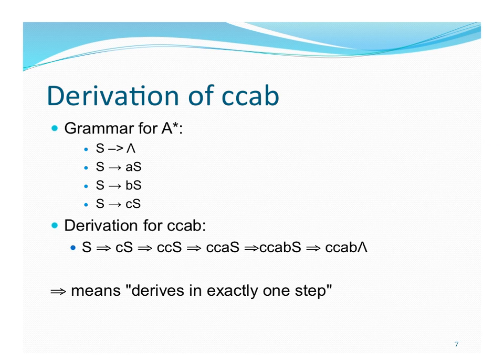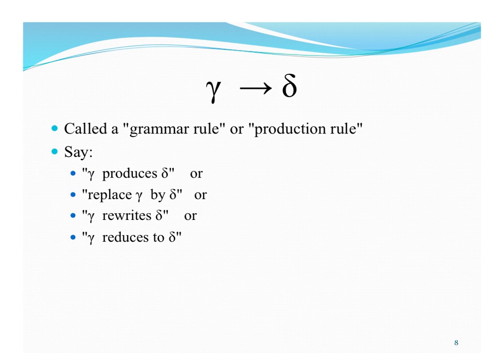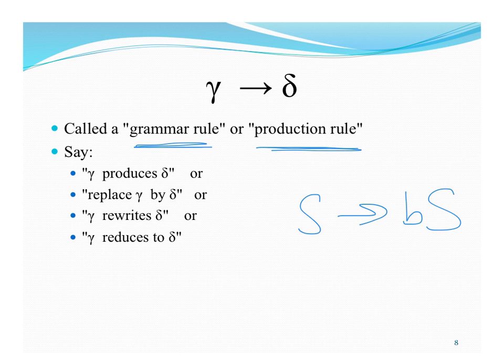Here's a cleaner version of what we just did together as a group, and you'll notice that in here I tell you that this arrow means derives in exactly one step. So these lines, like S goes to BS, are called a grammar rule or a production rule. If we have gamma arrows delta, we can say gamma produces delta, or replace gamma by delta, or gamma rewrites delta, or gamma reduces to delta.